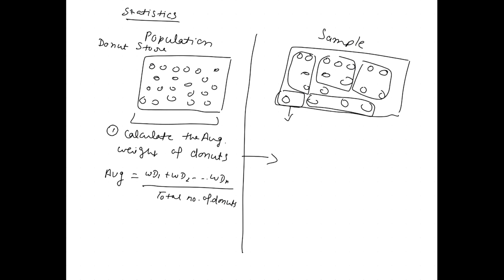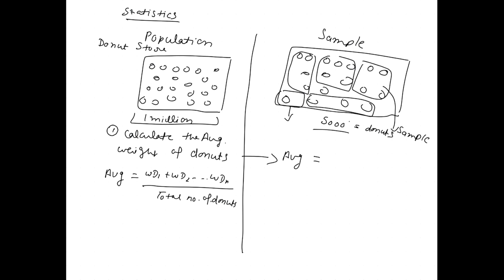So what we will do: average is equal to, I will pick up only this sample. Here I have a total of 1 million donuts, the entire population. But here I am just picking up, let's say, 5K. So I am picking up a 5K donut sample out of 1 million.